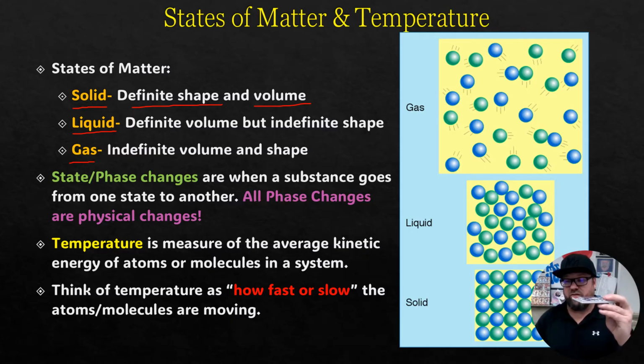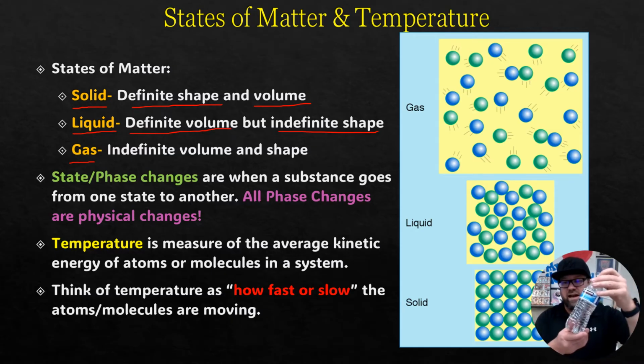Even though it's a little bit flat, it's still technically a cube. Now I can't squish this. It's solid. I might be able to compress it on a very tiny level, but that's got definite volume and shape. Compare that with a liquid, which has a definite volume but an indefinite shape. We like to say that liquids are set volumes.